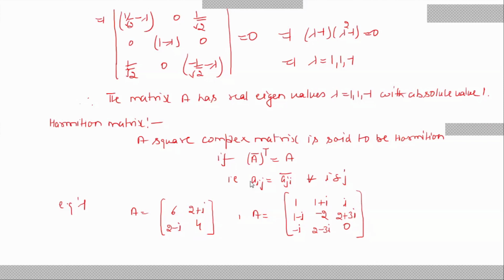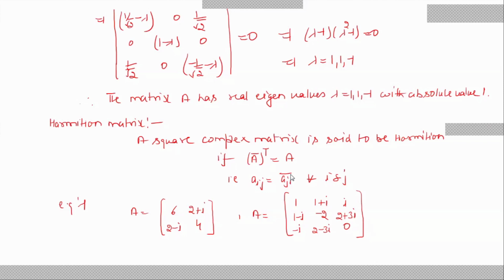Is there any criterion on the diagonal entries of a Hermitian matrix, where Aij is equal to conjugate of Aji? Is there any condition?